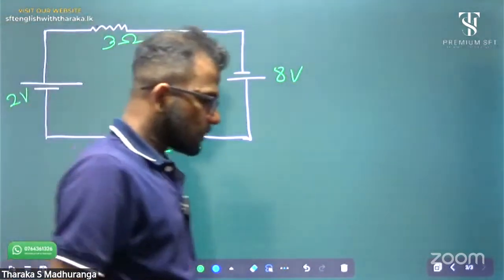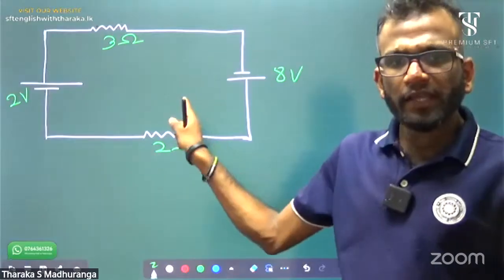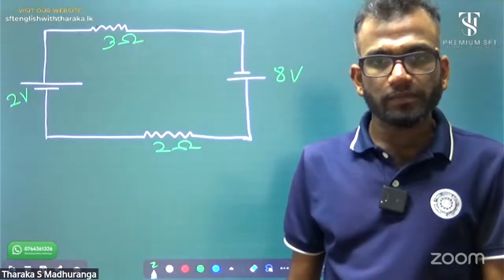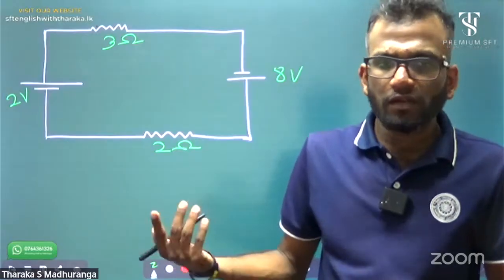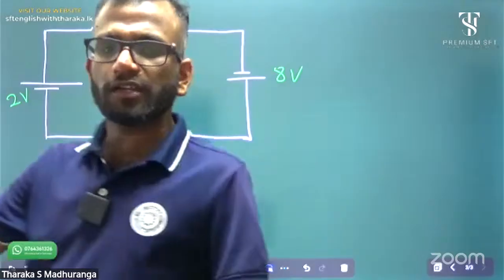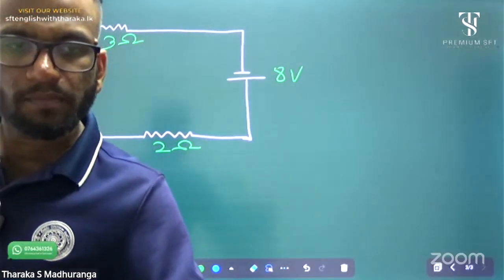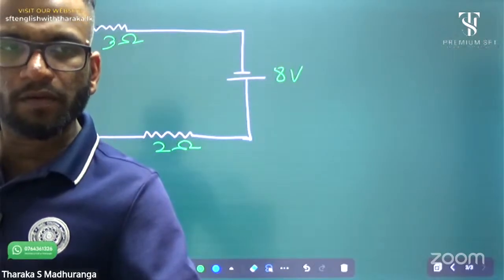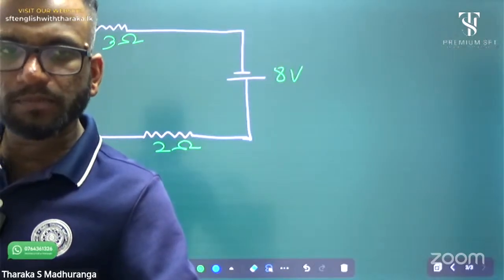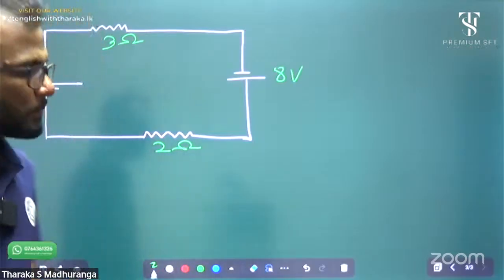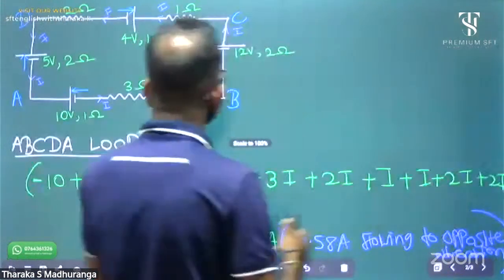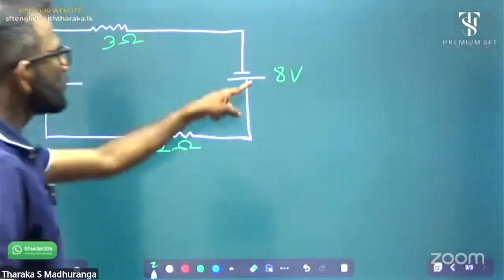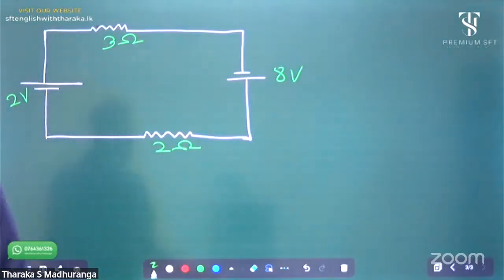Why does the battery in this circuit have only voltage? What's the meaning? The battery has no mention of any internal resistance value. In the previous questions it was 12 volt, 2 ohm, but this question has only 8 volt. What's the meaning?